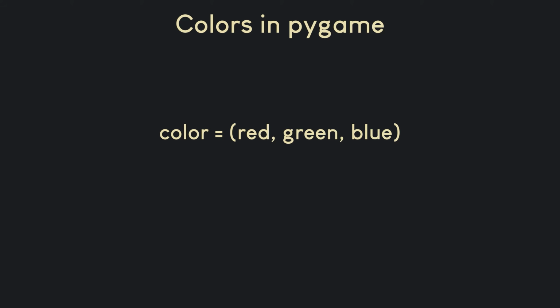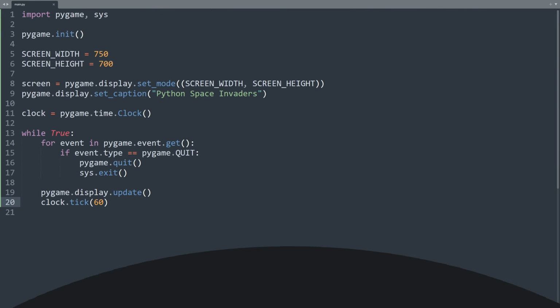The values for each component range from 0 to 255, where 0 represents the absence of the color and 255 represents the full intensity of the color. For example, to create a red color, we will create a tuple with the following values. red = (255, 0, 0). These values represent the red, green, and blue components respectively.